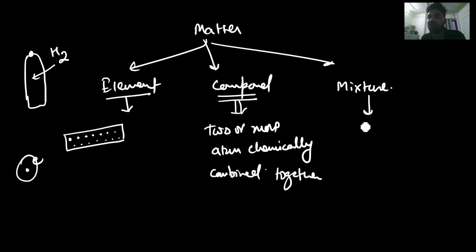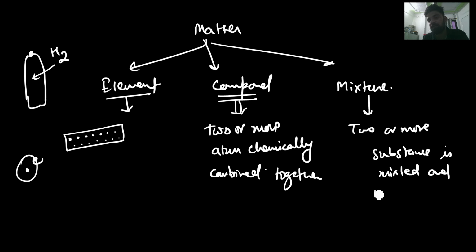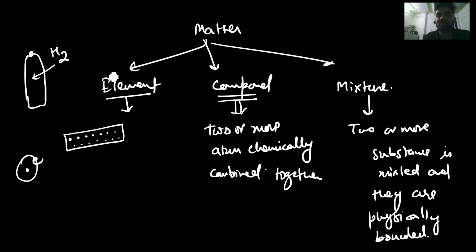And you are very much familiar that in mixtures, two or more substances are mixed, but they are not chemically bonded, they are physically bonded. Okay, so here two or more substances are mixed and they are physically bonded.